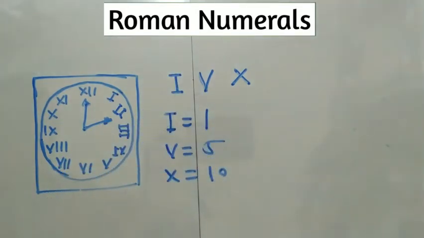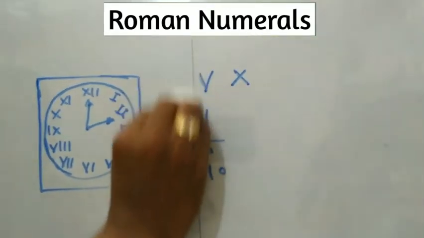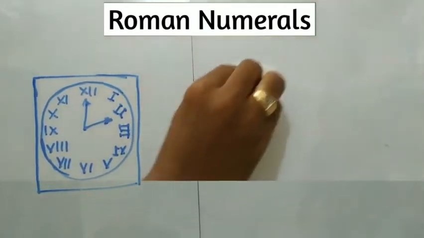But if you want to prepare the Roman numerals from 1 to 20, then we have to use certain rules. So we will see the first rule to form the Roman numerals here.